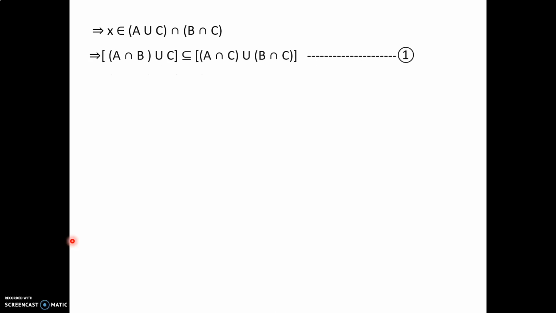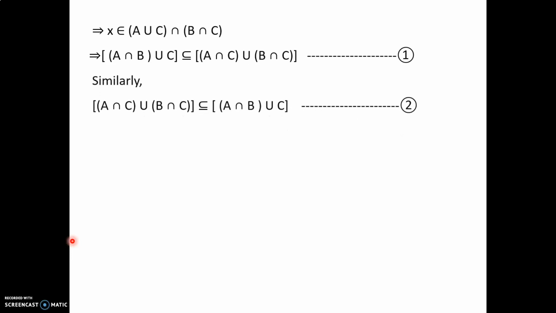And therefore we get that A intersection (B union C) is a subset of (A intersection C) union (B intersection C). Similarly, we can prove that (A intersection C) union (B intersection C) is a subset of A intersection (B union C).